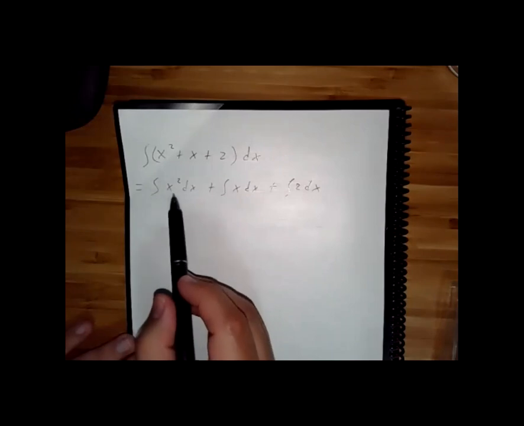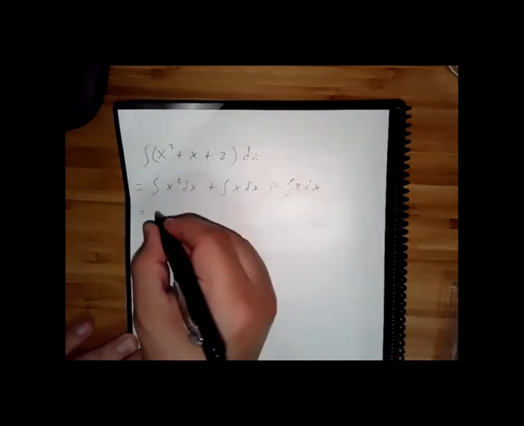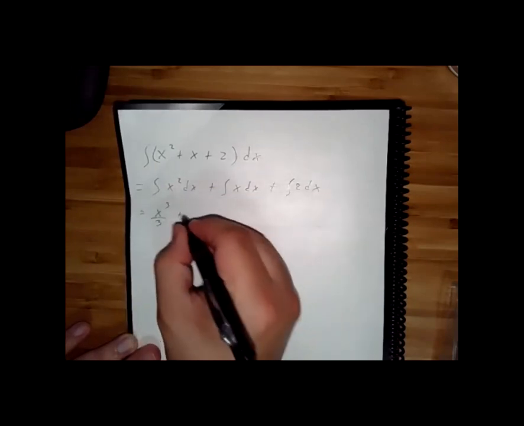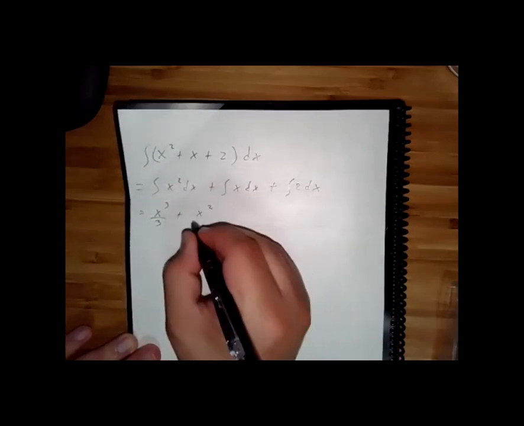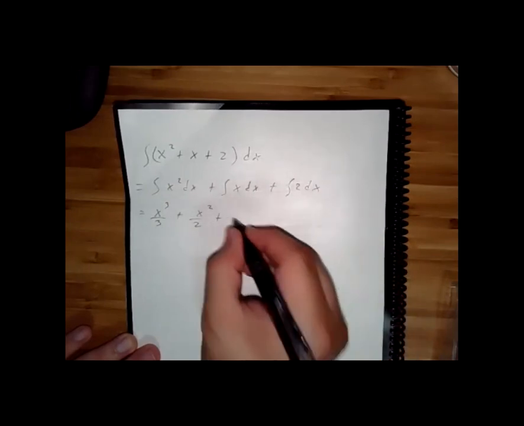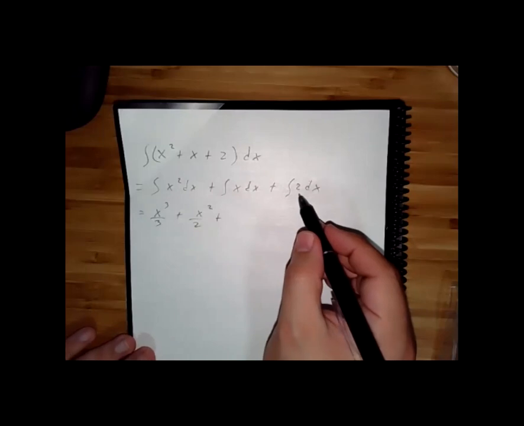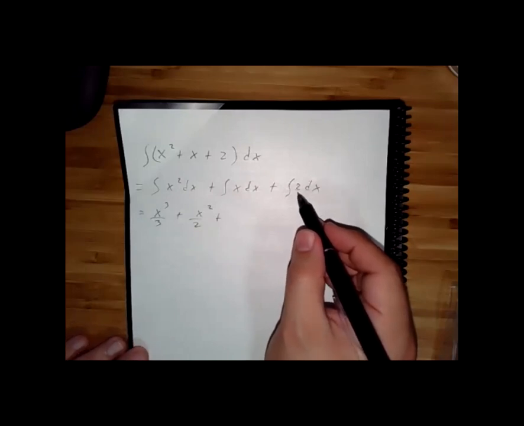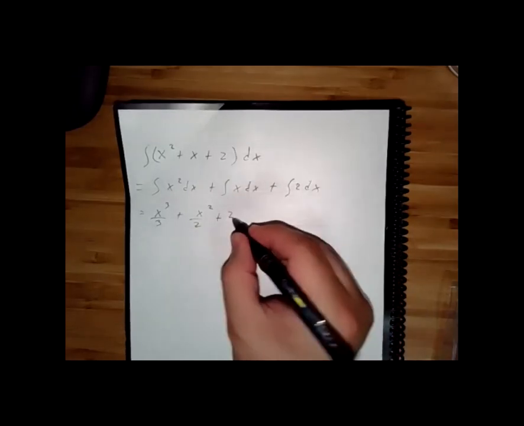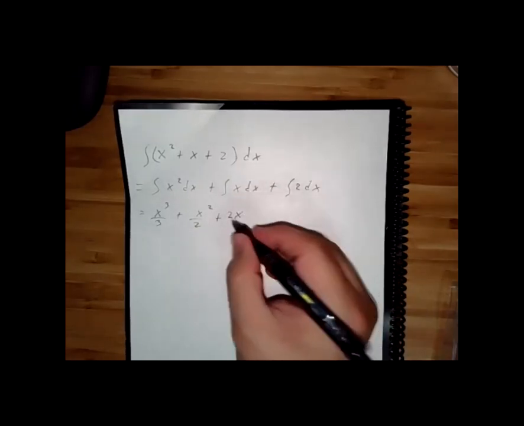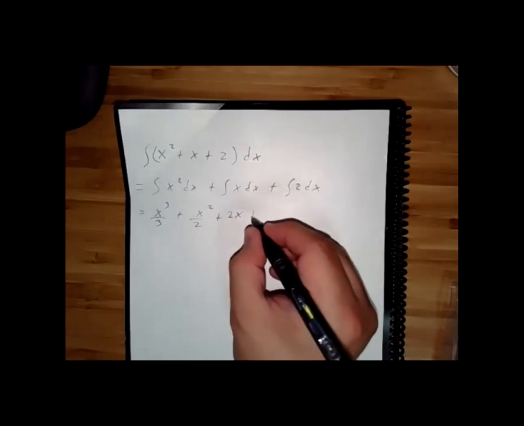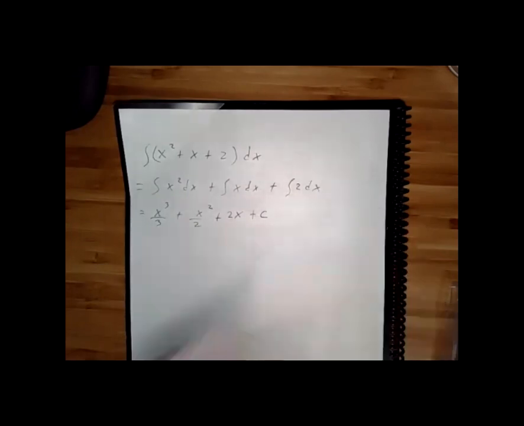So the integral of x squared would be x cubed over 3, plus x squared over 2 for this one, right? Plus, what's the integral of 2? What is the antiderivative? It's 2x. Yeah, so we have to think backwards here. If I take the derivative of 2x, I would get 2. So going back, since there's no bounds, I have to attach my c.